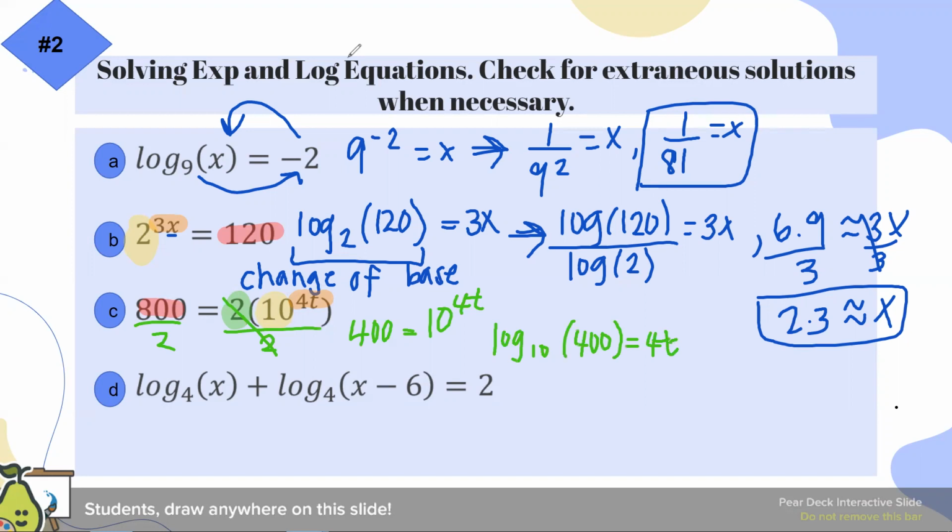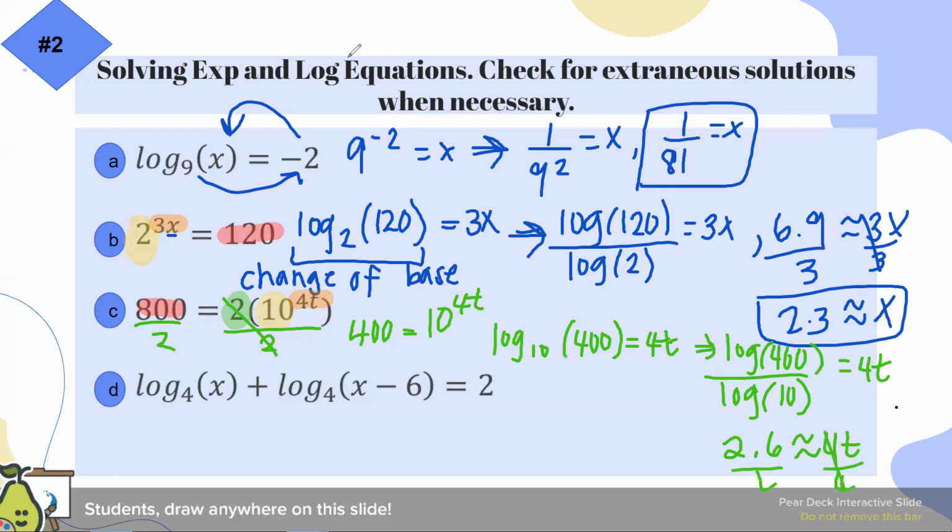We're going to have to use the change of base formula again. So that's going to become log of 400 divided by log of 10 is equal to 4t. If you use your calculator to figure out what log of 400 divided by log of 10 is, you're going to get about 2.6 is equal to 4t.